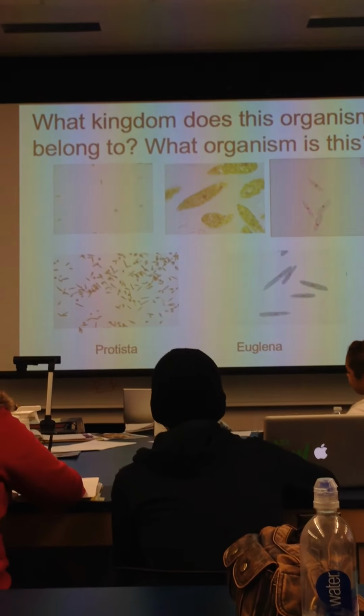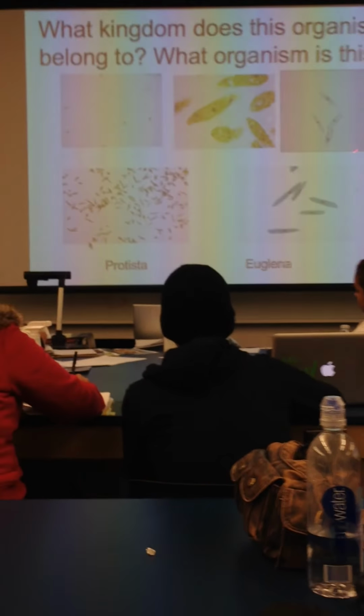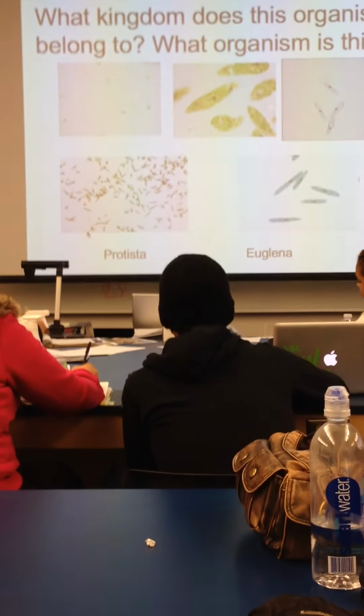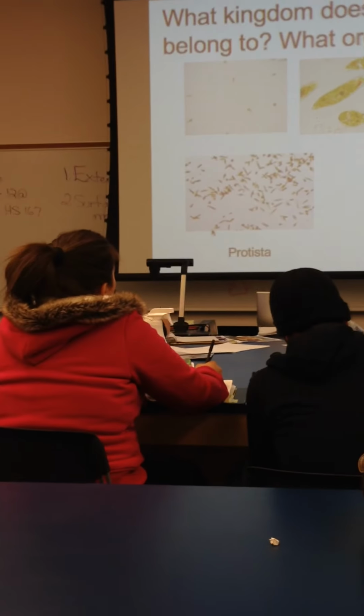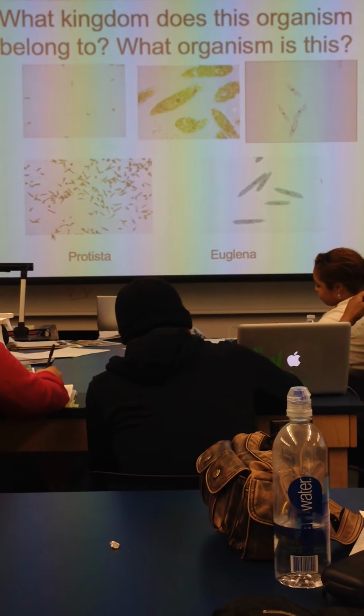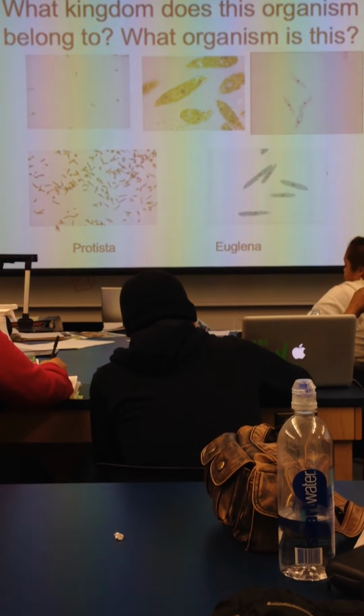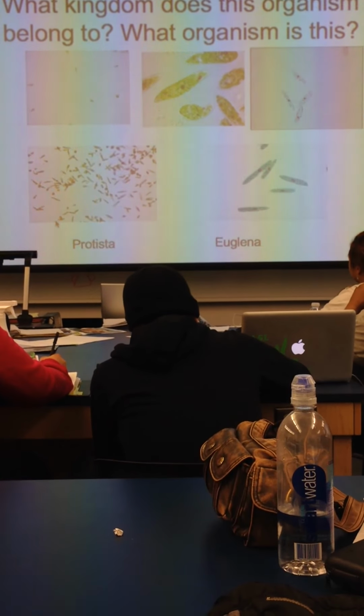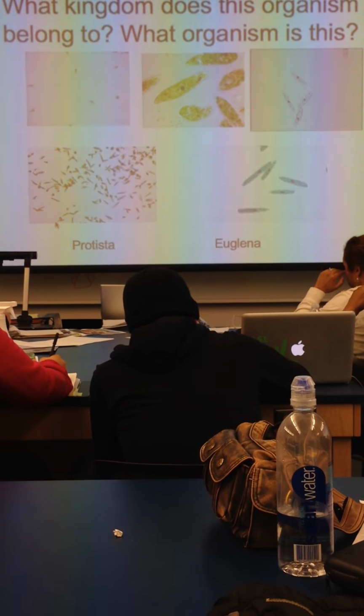And we looked at preserved, which were these guys over here. Okay, remember with Protista, we looked at a number of living and preserved specimens. Okay, so it's important to know them. You looked at them twice that day.